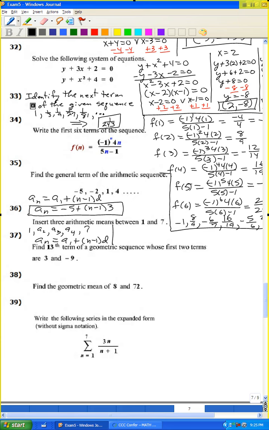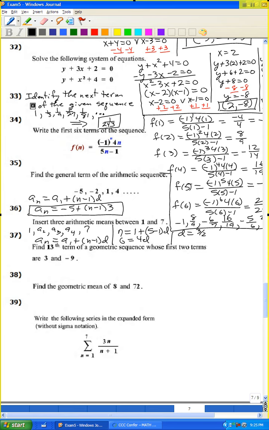The last term, so when n is 5, 7 is equal to the first term a sub 1, 1, plus, well, this is the fifth term, times d. So let's figure out what d is. Subtract 1 from both sides, so 6 is equal to 4d. Divide both sides of your equation by 4, so d is equal to 6 divided by 4, 3 over 2.